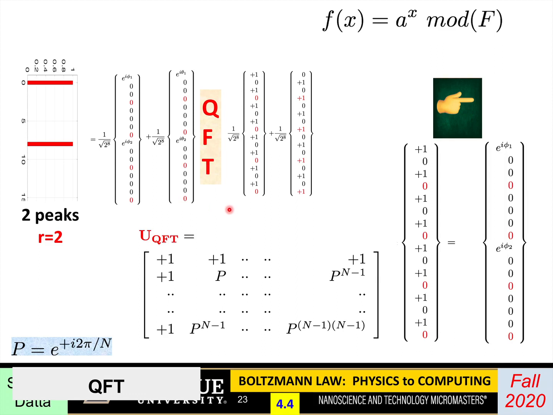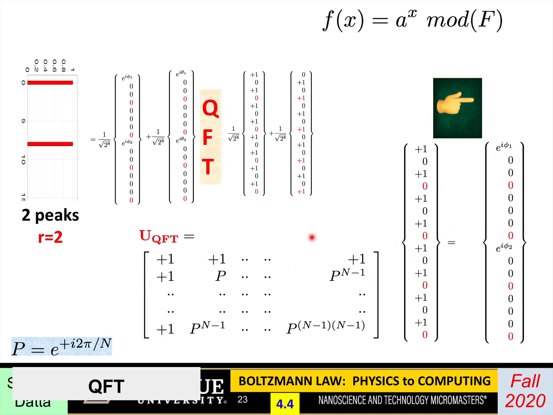And you can check how this works. Supposing you have this QFT, this transformation U, and you multiply it by something that has alternating plus ones. You can check that if you do this, you'll get zeros everywhere except for these two positions. Okay? Because when you do this, what do you get?